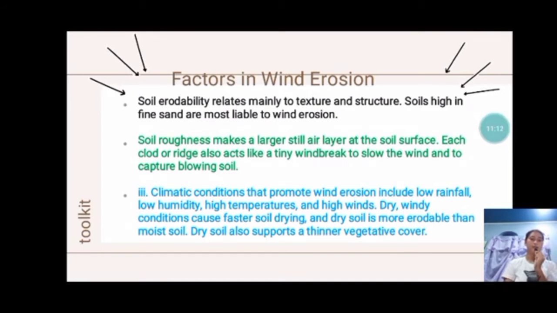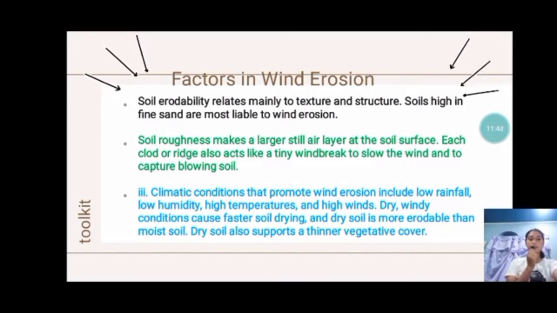Next topic will be the factors in wind erosion. Soil erodibility relates mainly to texture and structure. Soils high in fine sand are most liable to wind erosion. Soil roughness makes a large still air layer at the soil surface; each clod and ridge also acts like a tiny windbreak to slow the wind and to capture blowing soil.